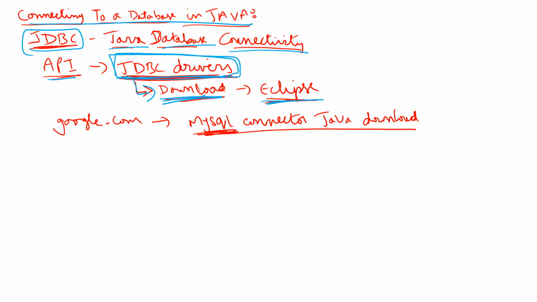These JDBC drivers are nothing but Java jar files. To download them, we go to google.com and type MySQL Connector Java download. So let's download this MySQL connector and configure it in Eclipse first before writing the program.